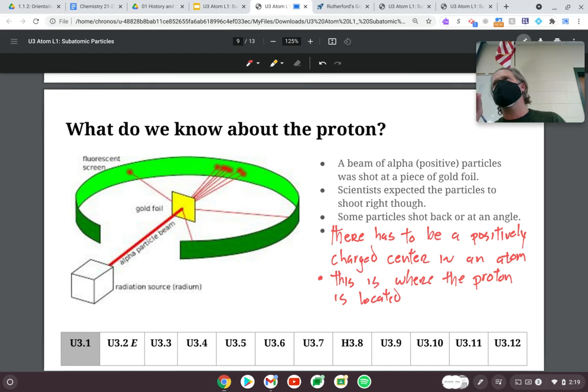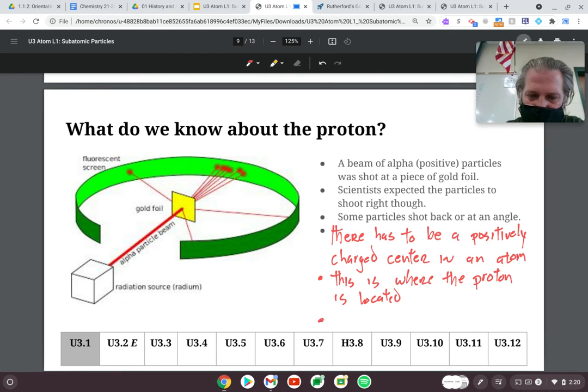Another thing that the video touched upon is that J.J. Thomson had theorized that the atom itself was this giant goo of positive stuff, right? And Rutherford, the person who did this experiment, basically came out with the knowledge that the atom itself is mostly empty space.